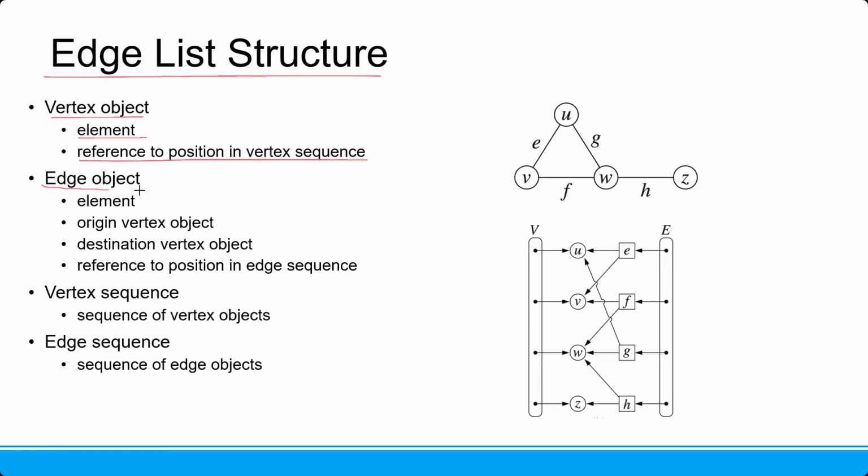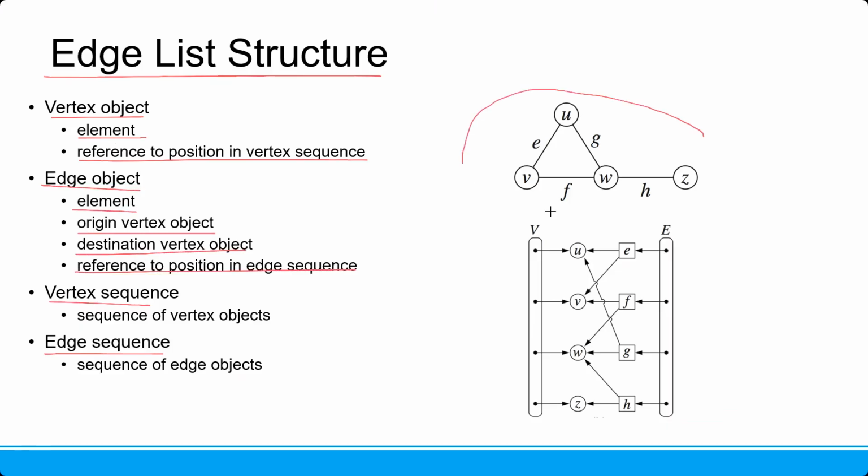And we have the edge object, which has an element, and it considers the origin vertex object and the destination vertex object. And it has a reference to its position in the edge sequence. So we will check later the vertex sequence and the edge sequence.